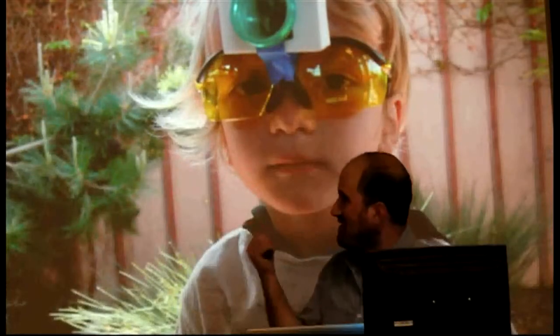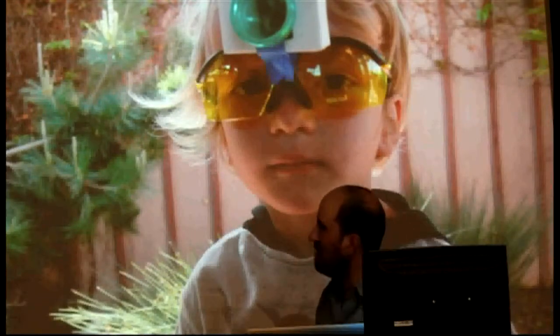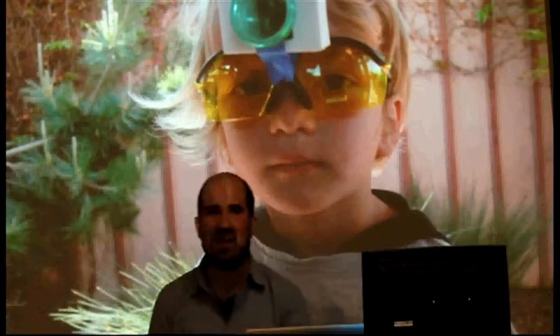And finally, this is the last image from the iWriter project. This is a kid who was hanging out with us when we were building the iWriter. And he actually built his own version of the iWriter out of toys. So he found toys around his house, and he was just walking around the whole day with his own version of the iWriter.